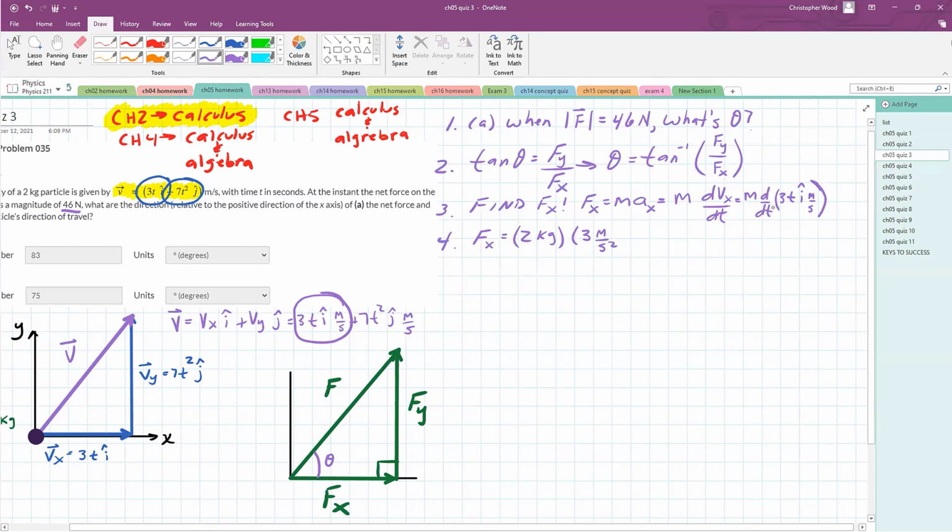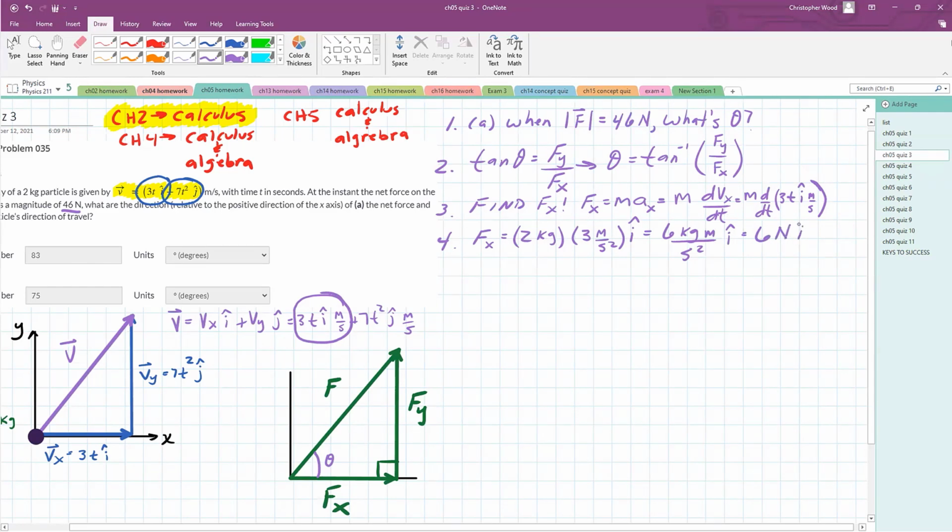So it's not meters per second, but then I'm taking the time derivative, so I divide by seconds again. That's how I get meters per second squared in the i hat direction, and this is my answer. 6 kilograms times meters per second squared in the i hat direction equals 6 newtons in the i hat. And I'm done with Fx.